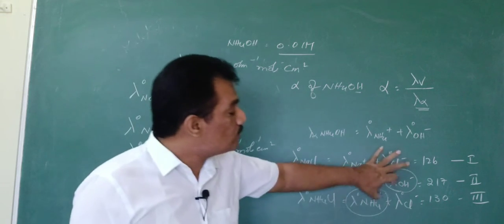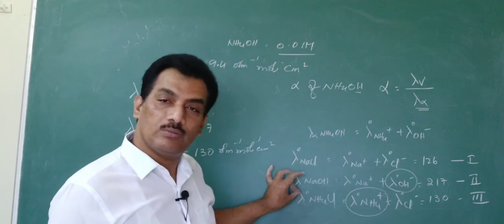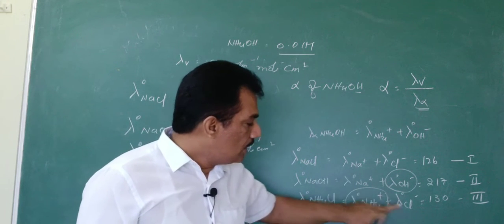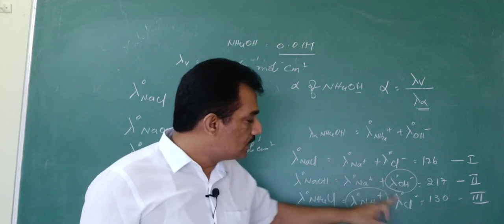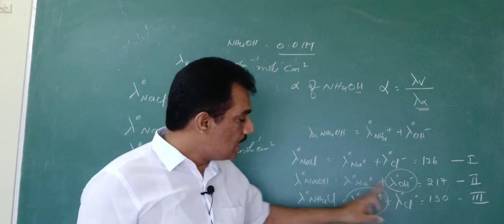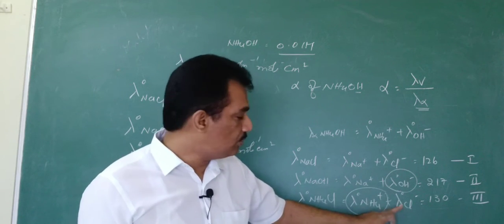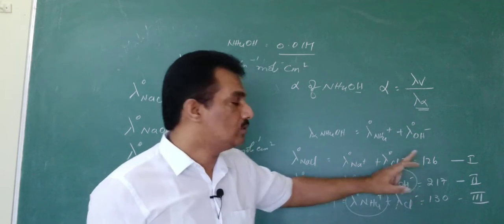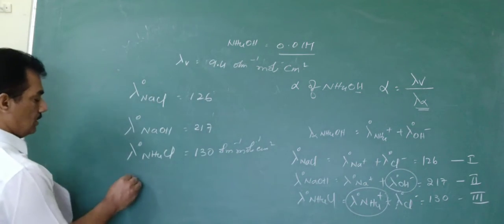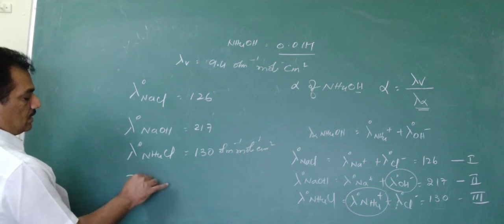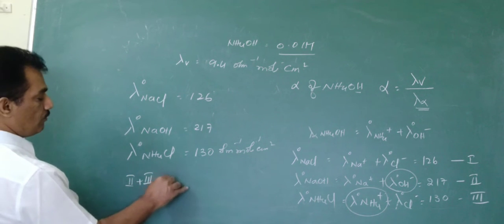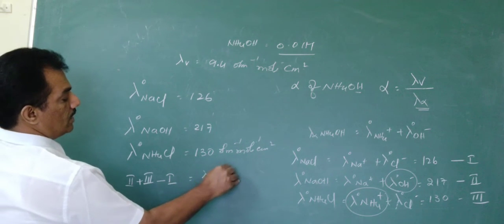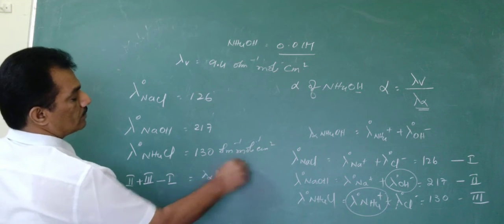To get these two conductances, we sum up these two, and in doing so the unnecessary ions have to be eliminated. For that purpose, these two combined give the third, that is 126. So 2 plus 3 minus 1 will provide the conductance at infinite dilution for NH4OH.